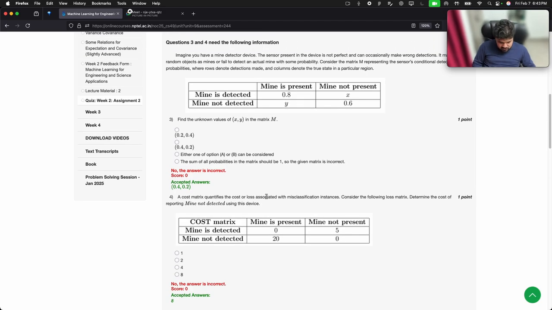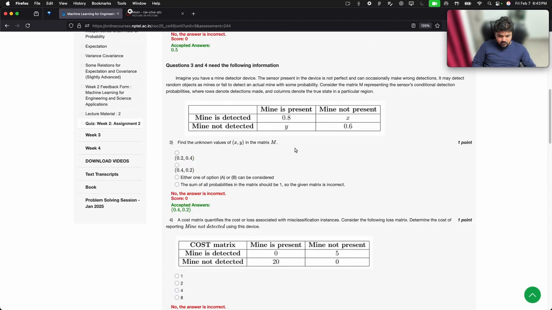Just a second. Okay. So the misclassification sum will be 0.2 into 20 plus 0.4 into 5. That is 4 and this is... oh, sorry, I got confused.